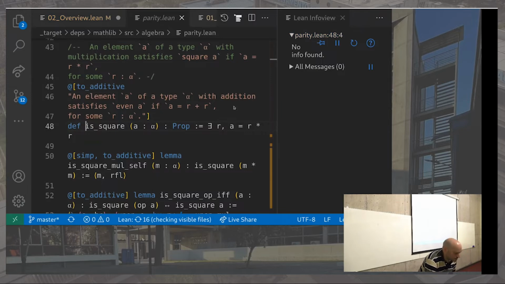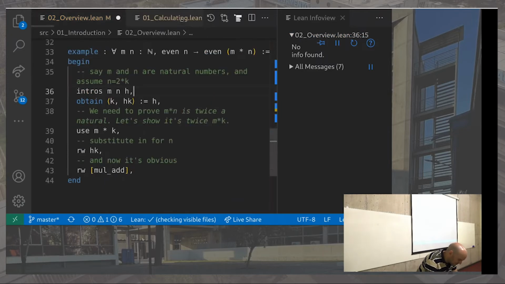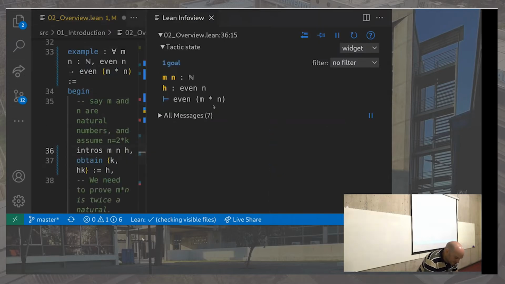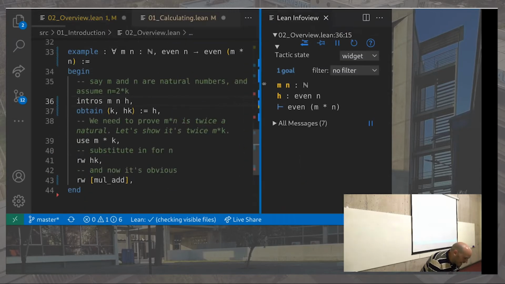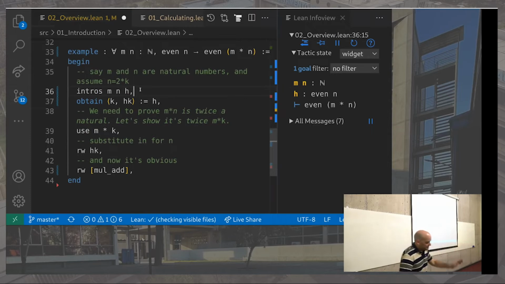Okay, I can check the definition of even, that for some stupid reason is not exactly what you think, but essentially being even means that there exists k such that n is equal to 2 times k.